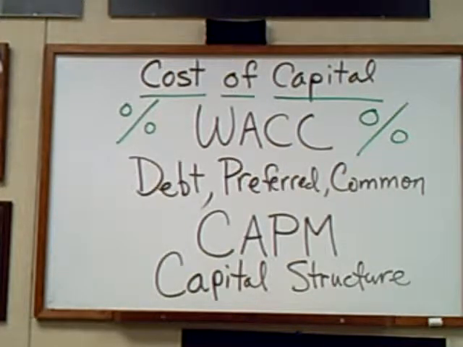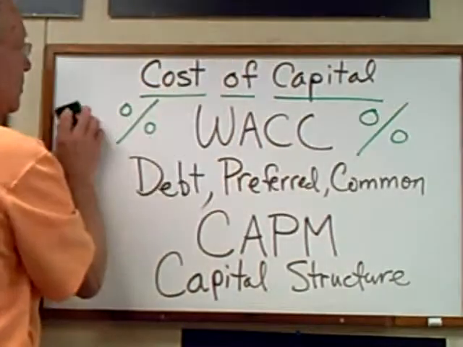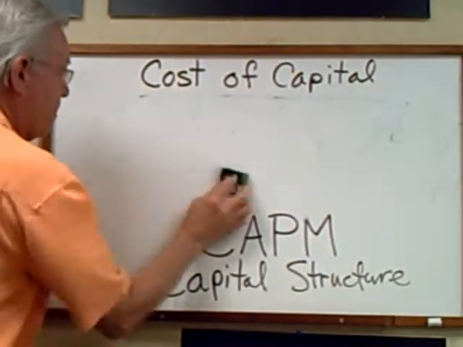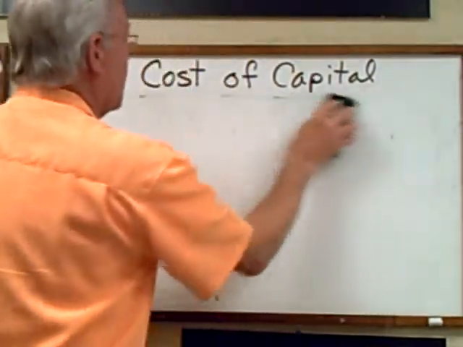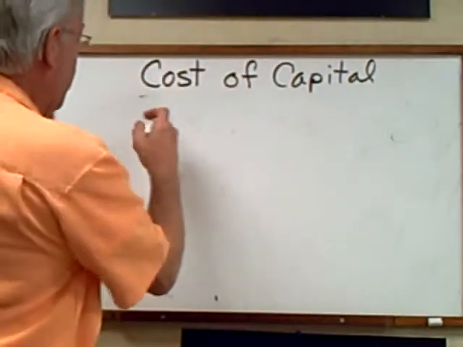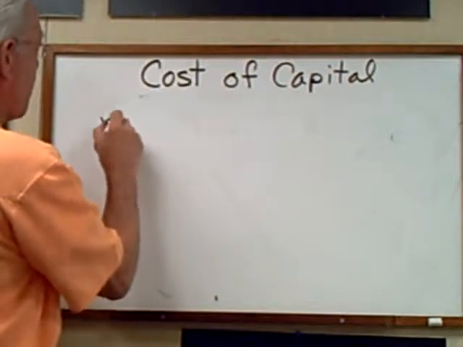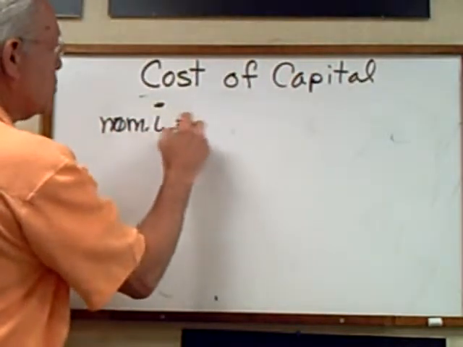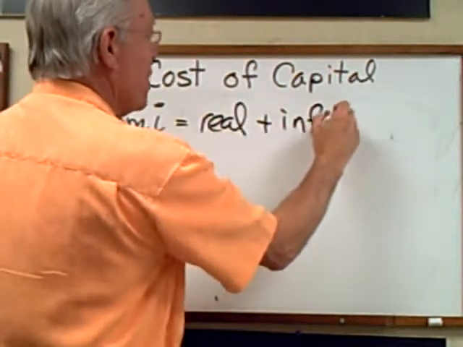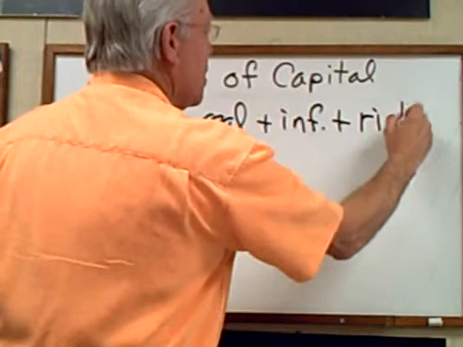Let's take a quick look, and I'm going to remind you about one very important equation. Let me get to this chalkboard. Cost of capital. We all recall that the nominal interest rate is equal to the real interest rate plus an inflation premium plus the risk premium.